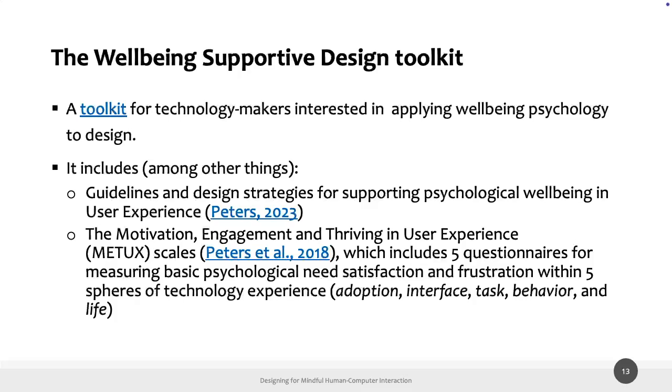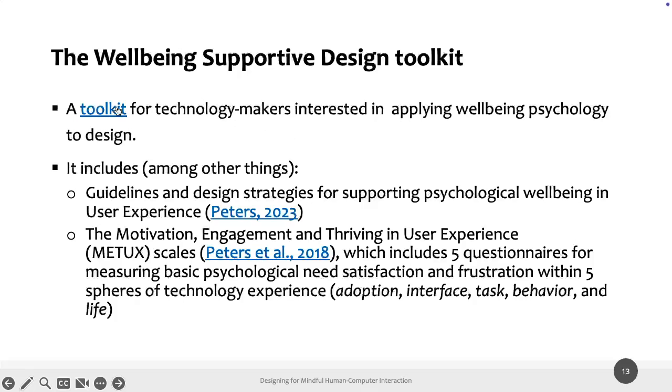And it includes many things, including guidelines and design strategies for supporting, again, psychological well-being in user experience, and also a scale that is used to encourage designers in thinking about different spheres related to the interaction between the user and the technology. And we will see a video in a minute explaining what these different spheres are.